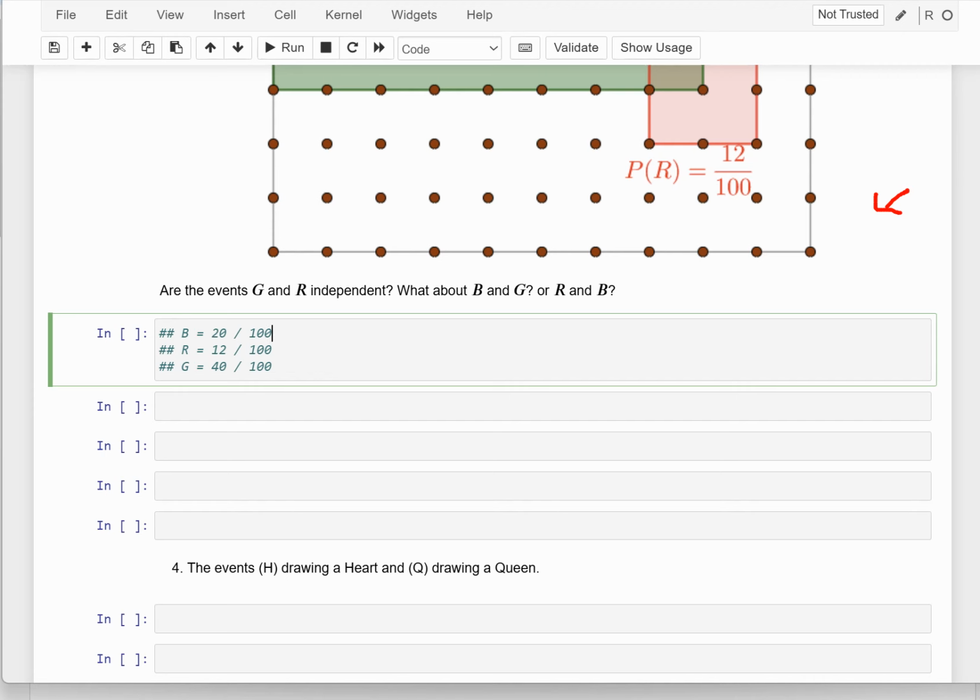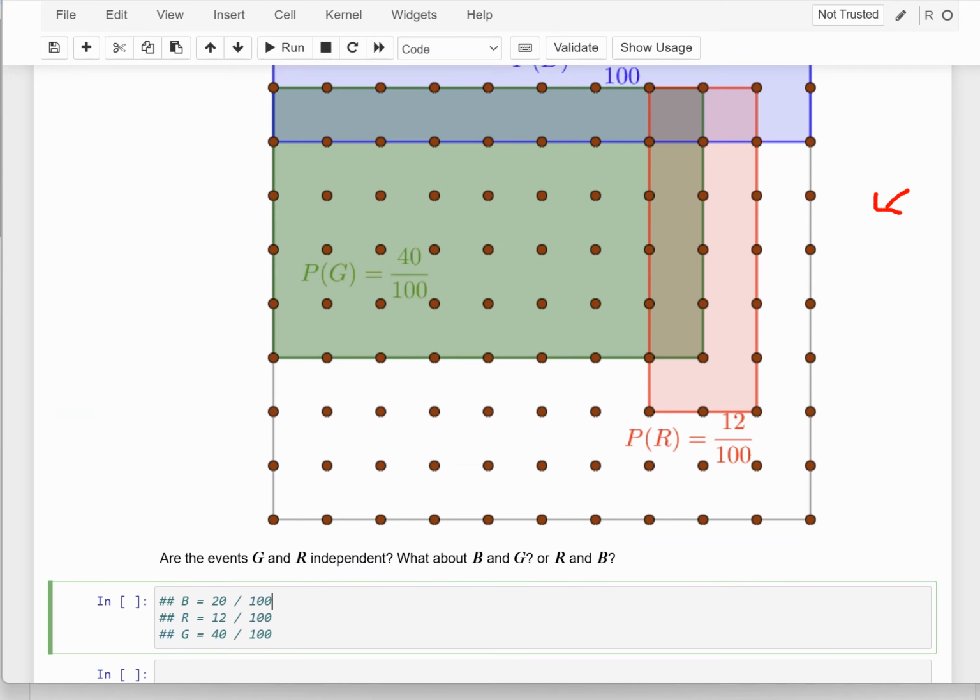I'm using unreduced fractions again, just because that will help us see the area. This is very much an area problem, so I'm keeping them together. The geometry actually helps us a good bit here.